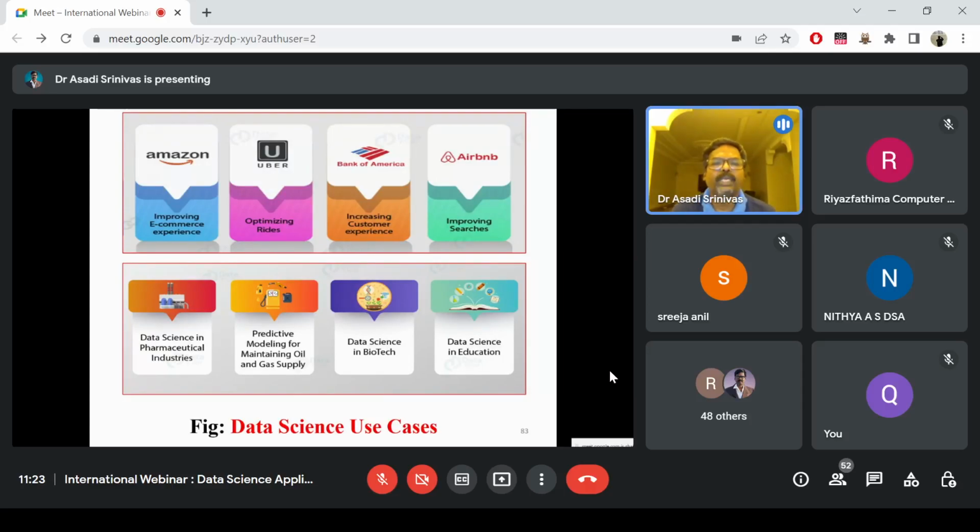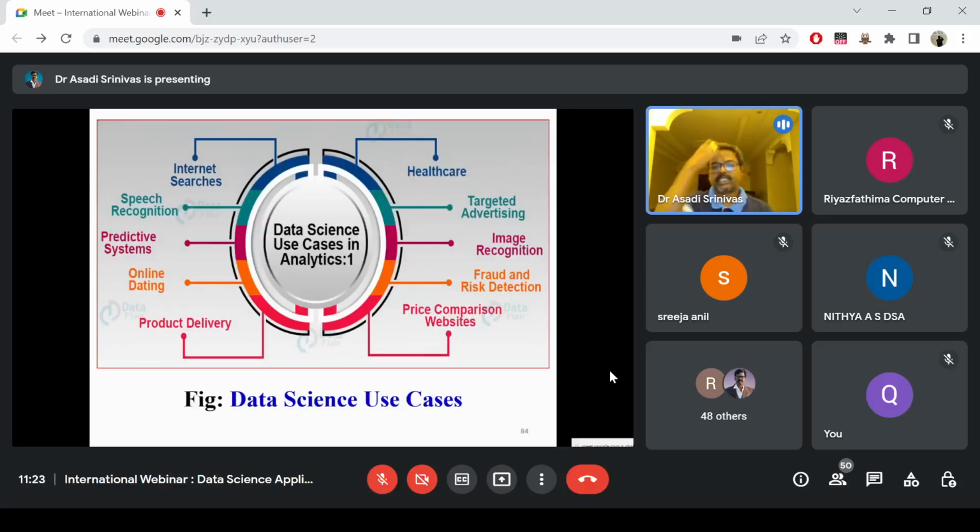Uber, why is Uber using it? Optimizing rides. Then Bank of America, why are they using data science? To increase customer experience. Airbnb, improving searches. And data science in pharmaceutical industries, predictive modeling for maintaining oil and gas supply, data science in biotechnology, data science in education, and the data science use cases.